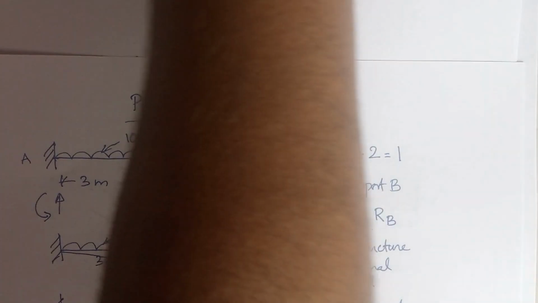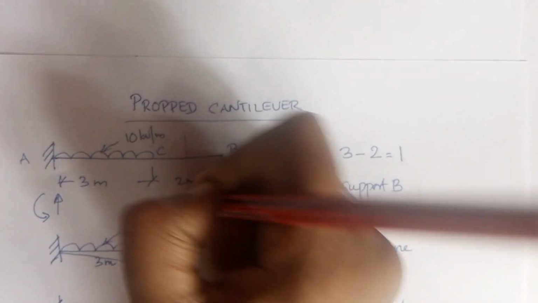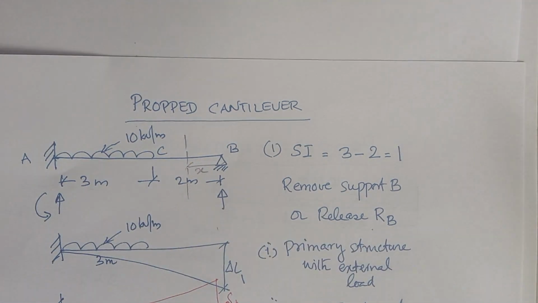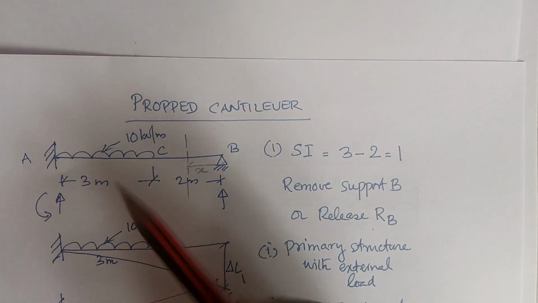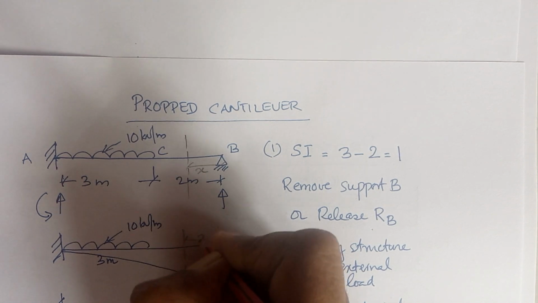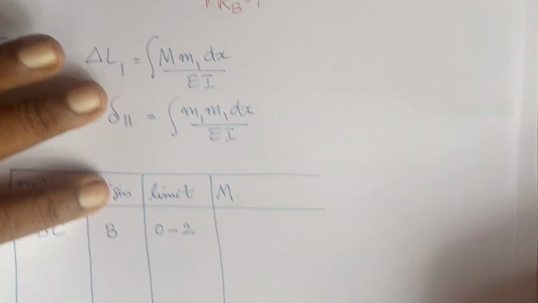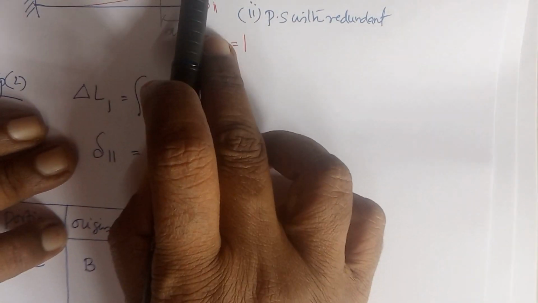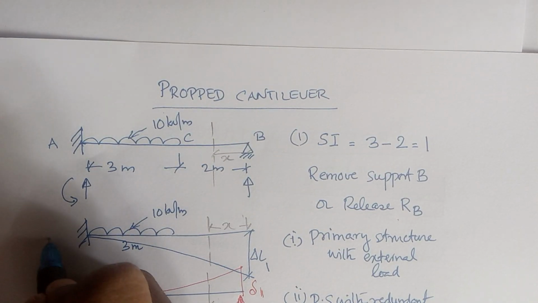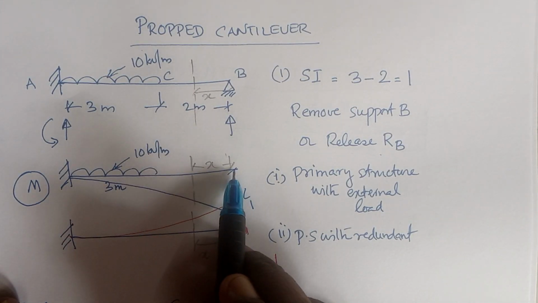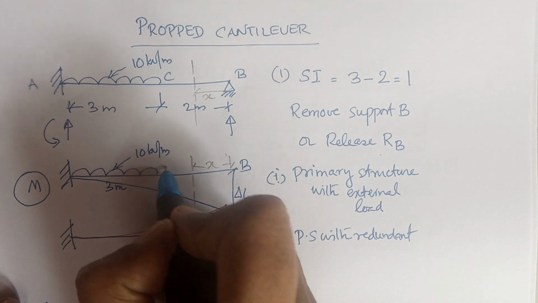So let's see. Portion BC, we are considering a section at a distance x from here. In the primary structure also at a distance x. Here also at a distance x. Now M, what is the expression for bending moment? Consider this primary structure. This is the M diagram we are going to prepare. So the bending moment expression will be, up to this portion B to C, there is no load.